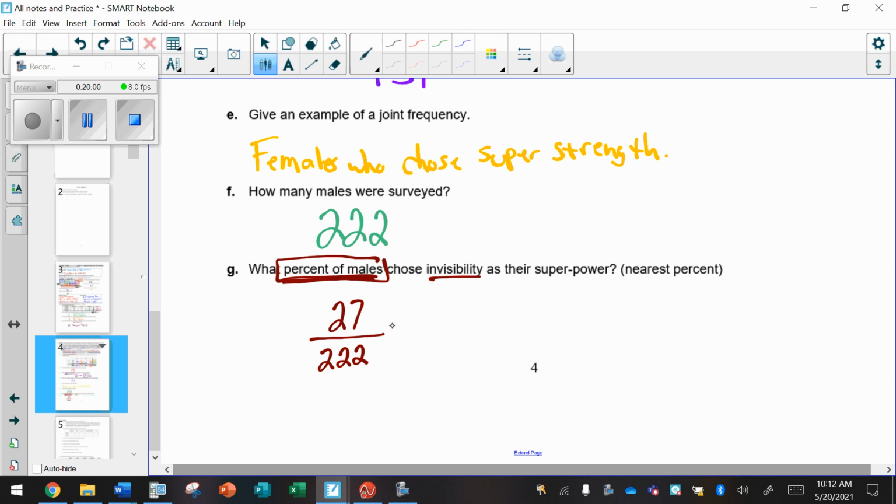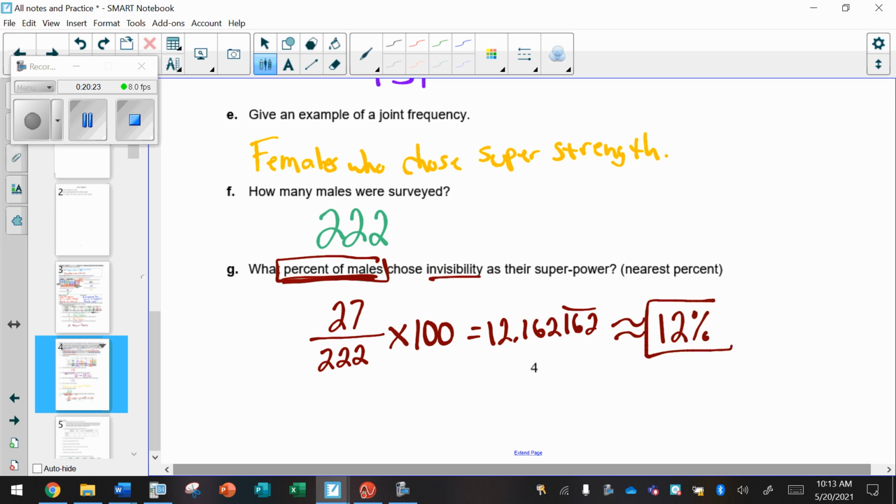So 27 shows invisibility out of the 222 that identify as male, and then to make a percent, times 100. When you go to the calculator, you get 12.162162 repeating. And then to the nearest percent, approximately, this symbol means approximately 12%, because the 1 does not round the 2 up. It stays.